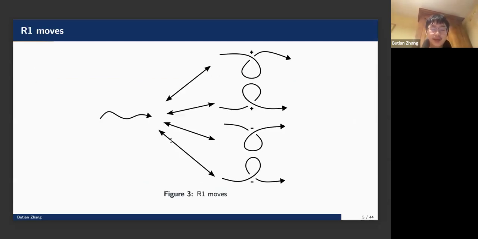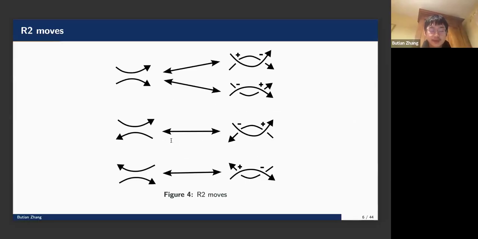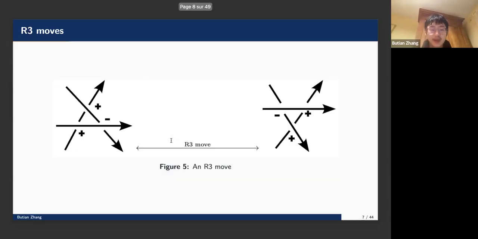The first one is the R1 move, which is related to adding or deleting a curl on the diagram. There are different types, four types in total. The second one concerns the tangency of the diagram. And the third kind of Reidemeister move is concerned with the triple point of the plane curve.